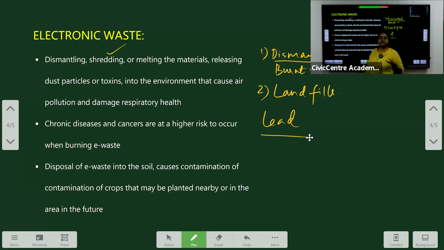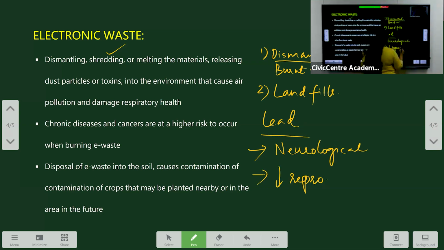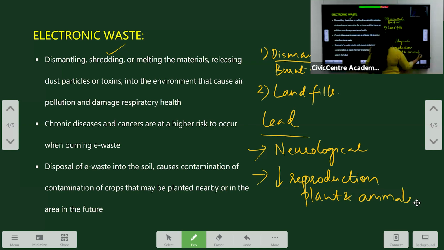What happens when lead is released into the atmosphere? It leads to neurological disorders in vertebrates, and it reduces reproduction in both plants and animals. It is also seen that it stunts the growth in humans and also in plants.